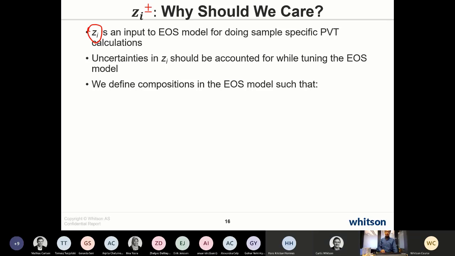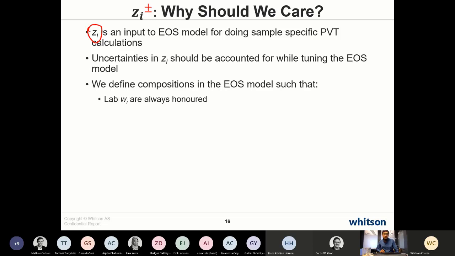Yeah, so when we define the composition, and you will see tomorrow when we do the exercise, there is a very comprehensive exercise on how we treat the compositions while developing the equation of state models. And you will see, as Curtis rightly mentioned here, that when we treat these compositions, we try to account for all these uncertainties that we have in the measurements of the composition.